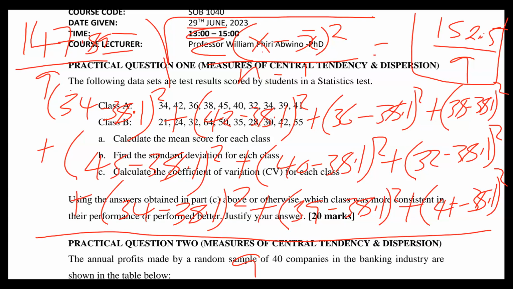When I did it again, it gave me 150.9. 150.9.